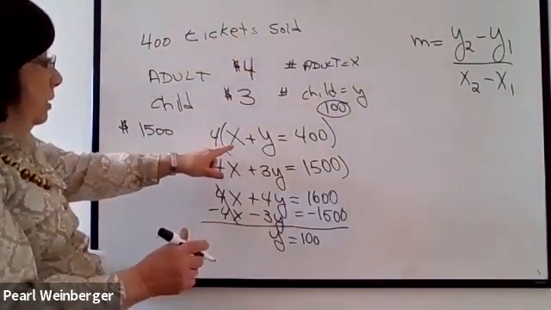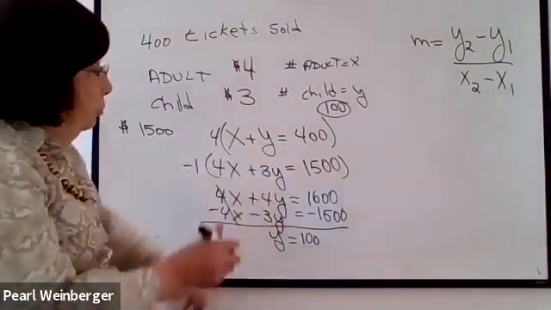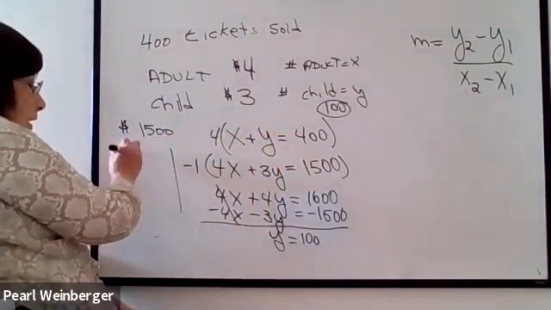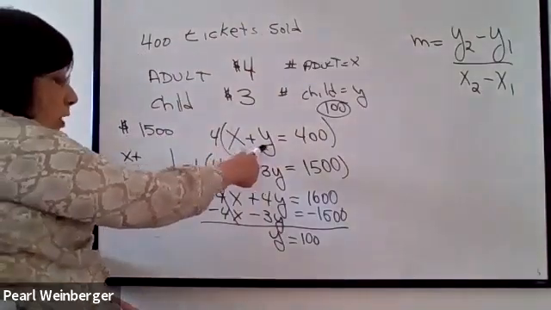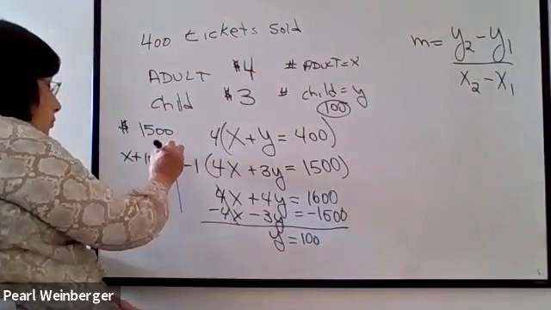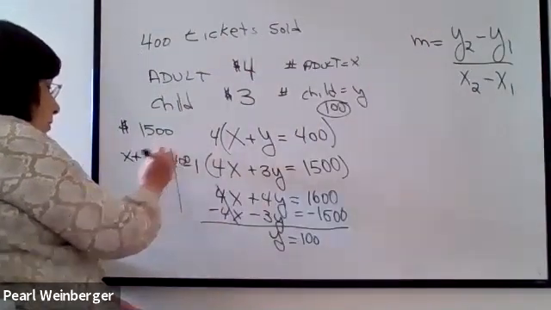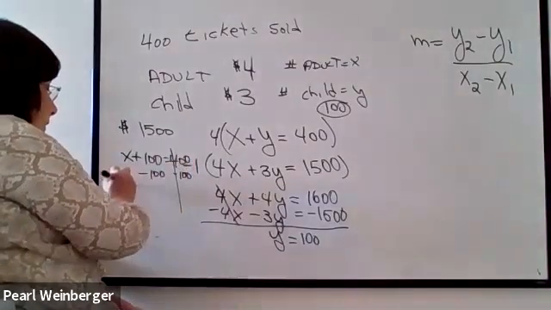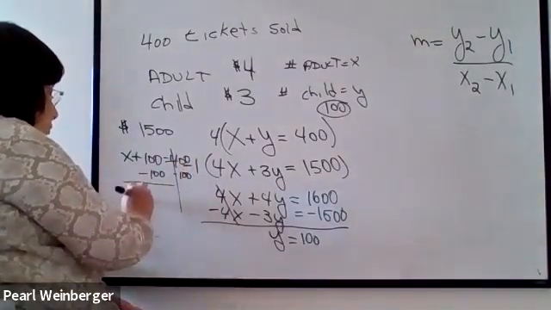My original equation said X plus Y equals 400. So now I can do X plus, well, I know the Y now is 100, equals 400. So if I subtract 100 from both sides, I get that my X equals 300.